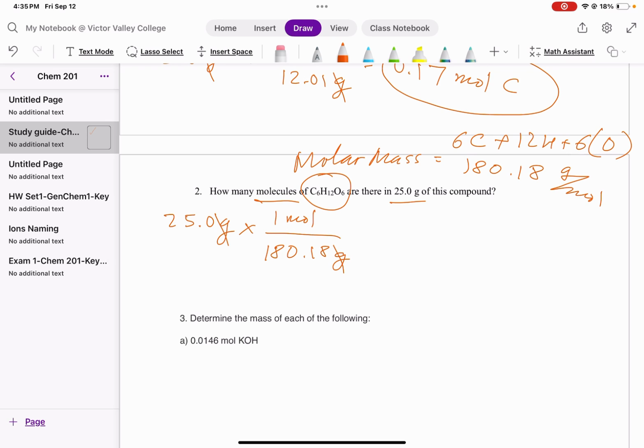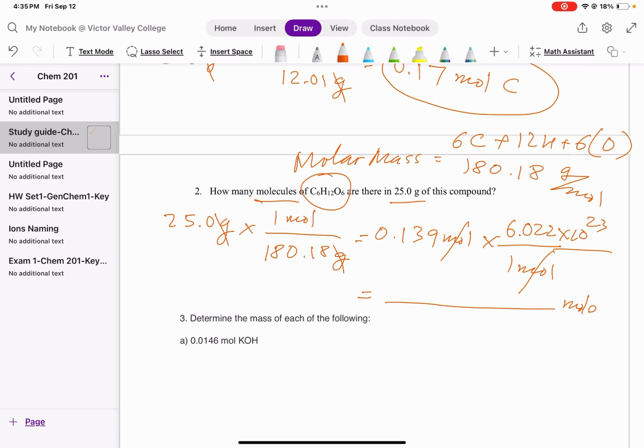That's what molar mass means. And that will give you 0.139 mole. Okay? If you use Avogadro's number, that will give us how many molecules. Avogadro is all about molecules and atoms. So if you do your math correctly, it should come out 8.36 times 10 to the 22 molecules.